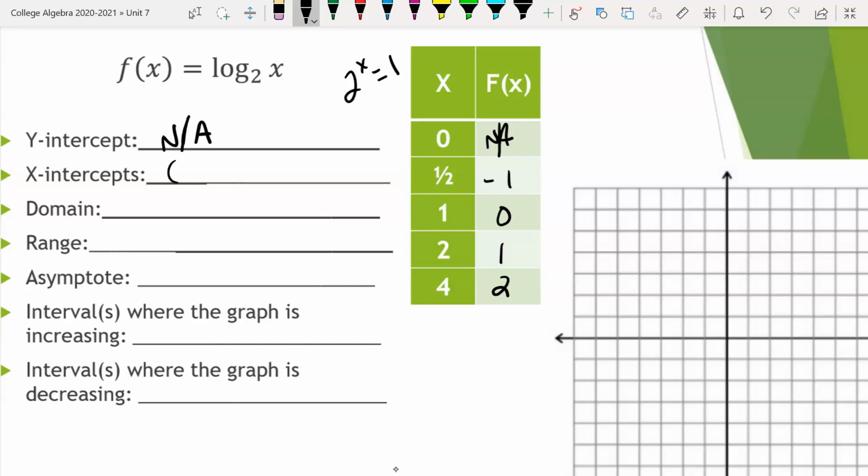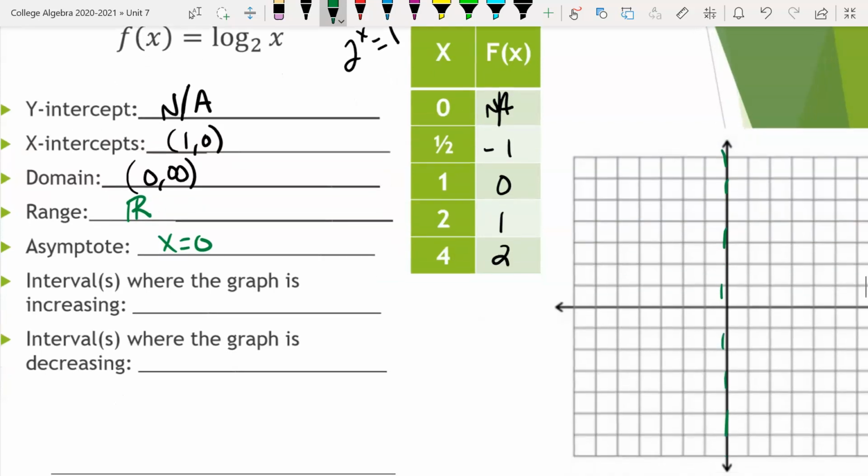Your x-intercept is 1, 0. Your domain is no longer all real numbers, instead it's 0 to infinity. Your range, however, is going to be all real numbers. Your asymptote is now x equals 0, so that's like this line. It's going to be increasing from 0 to infinity, and there is no decreasing.